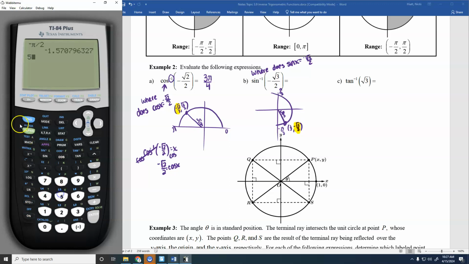If I type in 5 pi over 3, I get 5.23598. That's too big, right? It's not within that range.